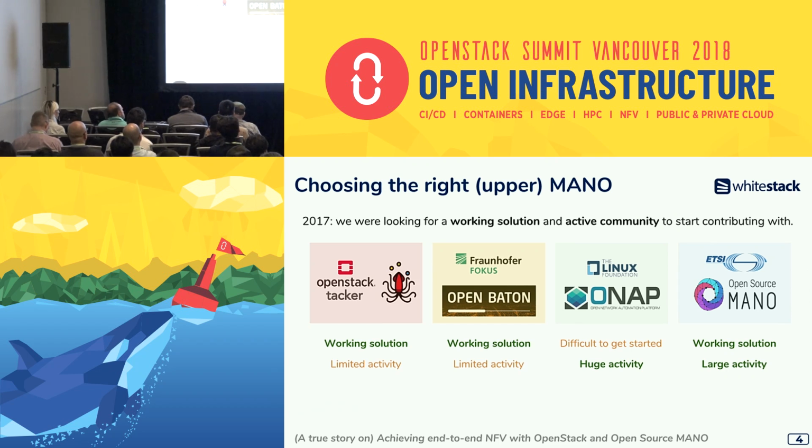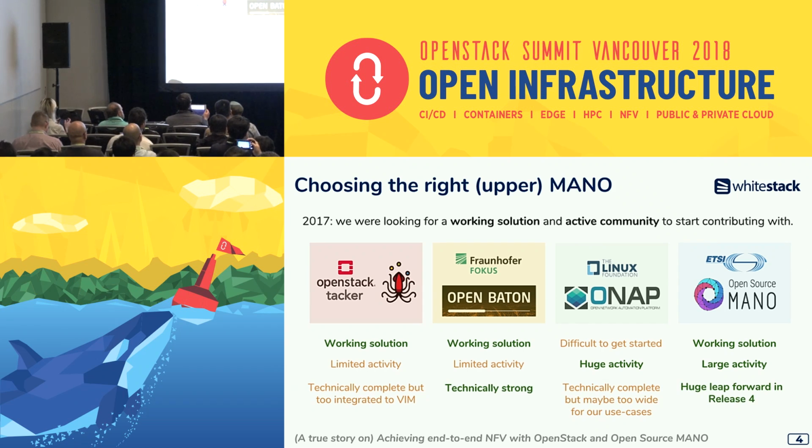Other things I could share about the projects. OpenStack Tacker, we found that it was technically complete, but too tightly integrated to the VIM. So whenever we change something in the VIM, it could break the Tacker client and things like that. I mean, we prefer to have the MANO stack decoupled from the VIM to avoid those kinds of problems.